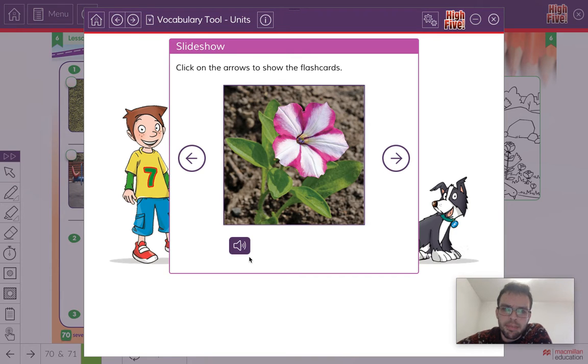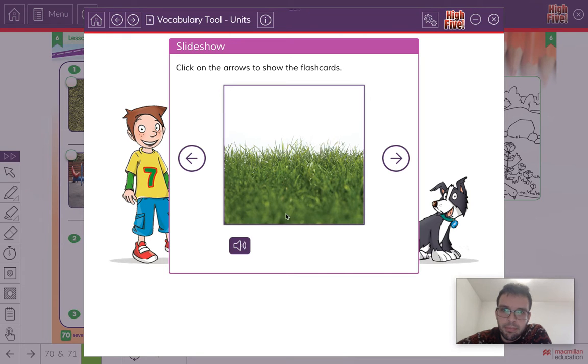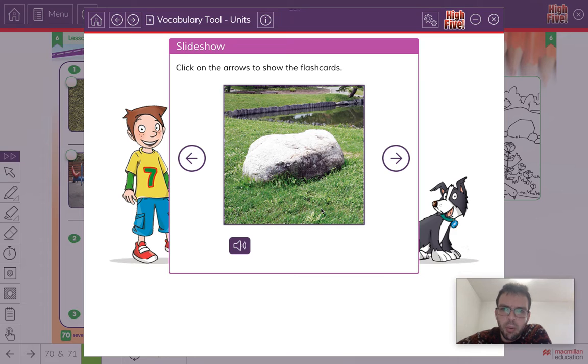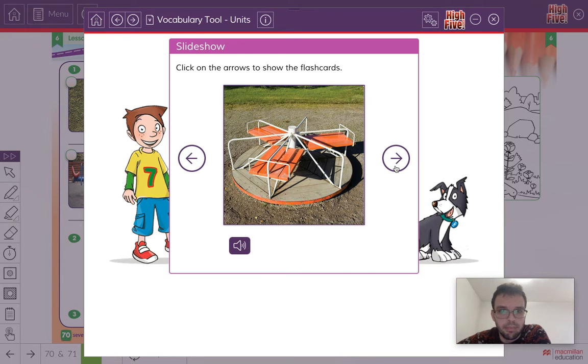What is this? Flower. It's a flower. What is this? Grass. That's right, grass. What is this? Do you remember? Rock. It's a rock. Very good.